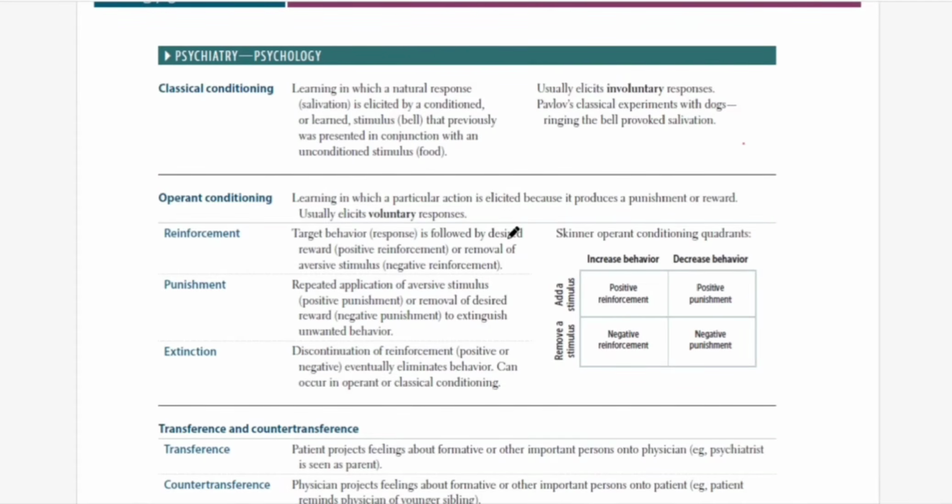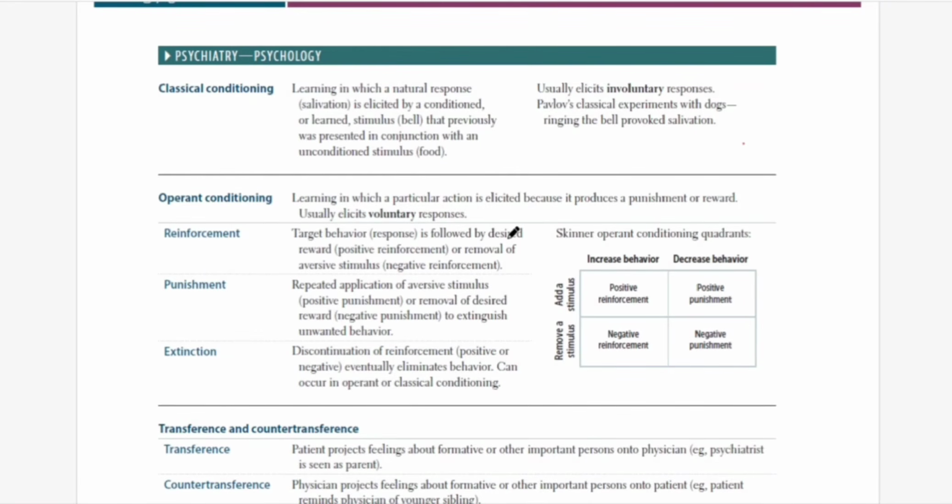Punishment is like the punishment. So for reinforcement, we have two types. One is adding a stimulus, which is positive reinforcement. The other is removing something bad, which is negative reinforcement. In positive reinforcement, we add something good which increases the behavior.